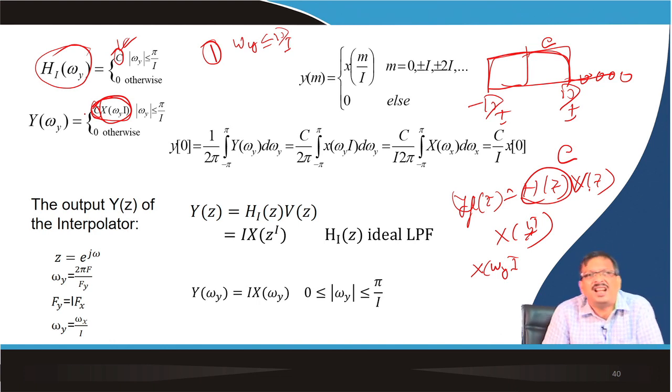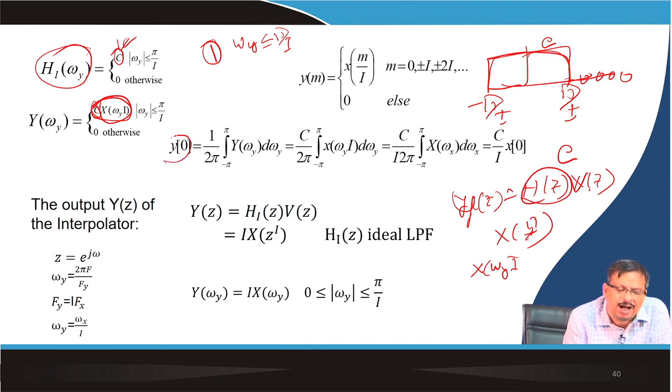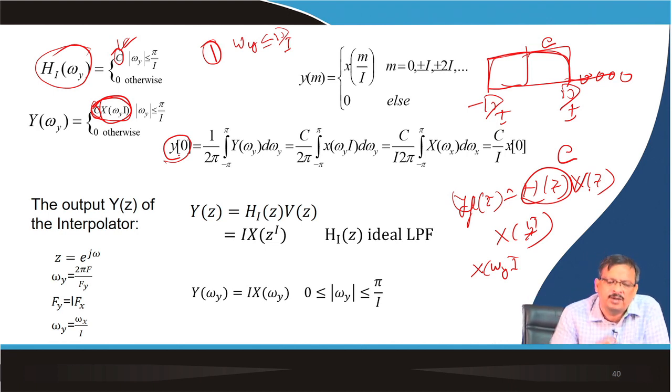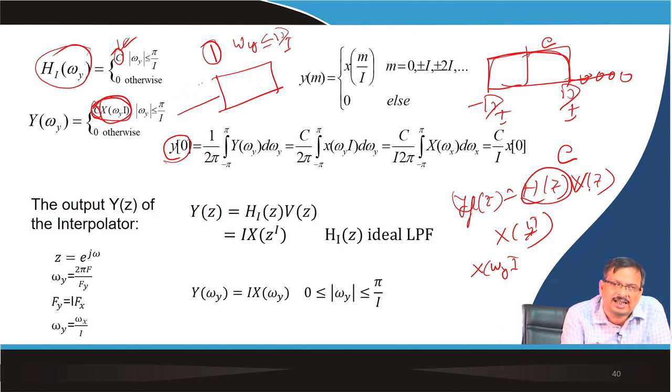Now what is the initial value theorem? I can say y of 0, the power of the output. So output power and input power will be the same. I have a sampling rate conversion system. I cannot generate power, so the power will be the same.